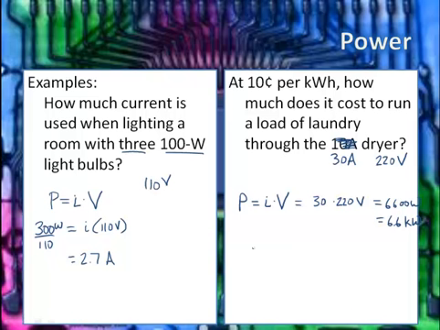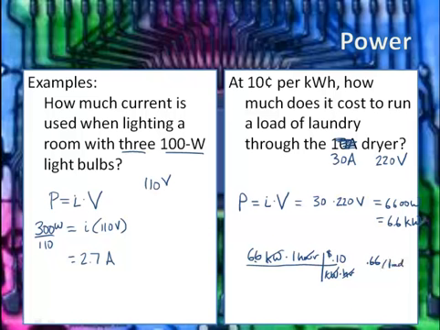So if I run 6.6 kilowatts for 1 hour, that gives me 6.6 kilowatt hours, and at $0.10 per kilowatt hour, the kilowatts cancel, the hours cancel, and as a quick calculation, it costs about 66 cents per load.